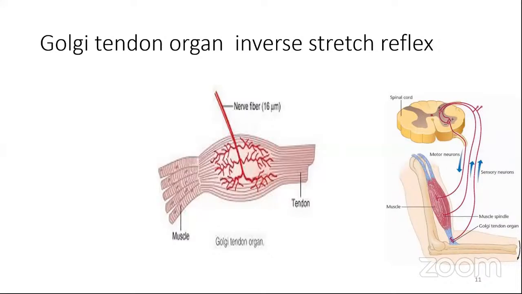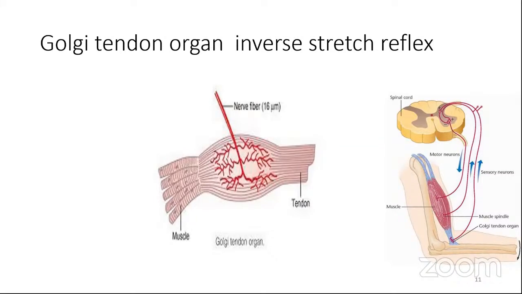So here you can see the Golgi tendon organs. They are located near the tendons of the muscle. These Golgi tendon organs are arranged in series with the extrafusal muscle fibers, and the 1B fibers are the sensory neurons.